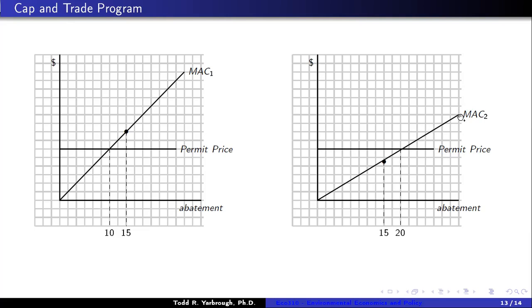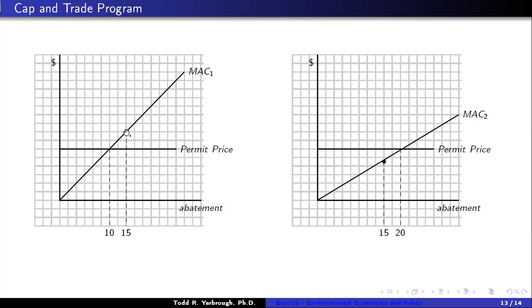So they have no incentive to sell more pollution permits to firm one, right? And the same scenario over here. Firm one will buy pollution permits until we've achieved the optimal solution, because any less abatement for firm one would in fact be at a lower abatement cost than what they could receive in terms of the pollution permit.